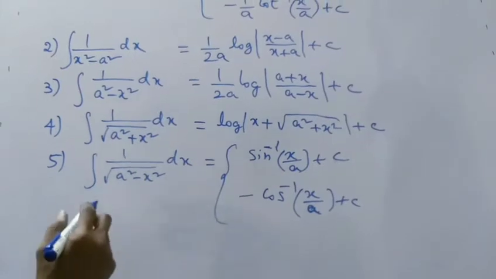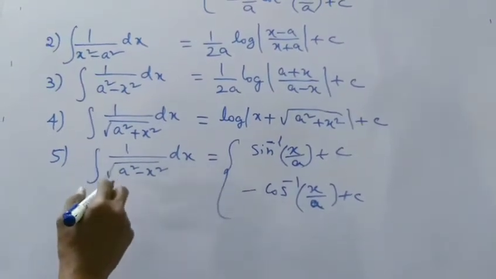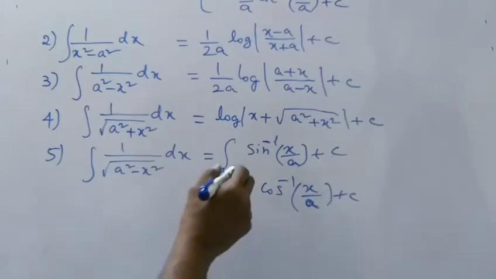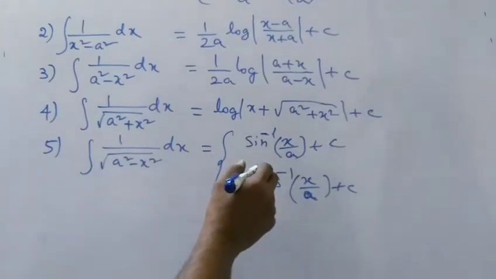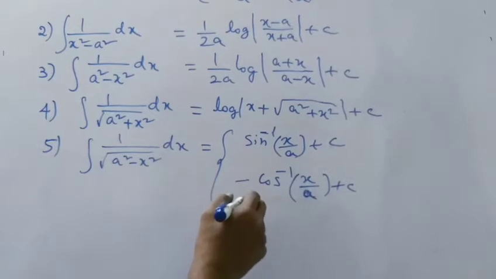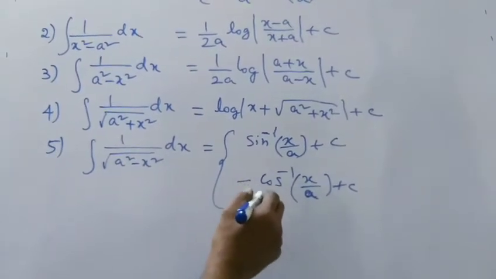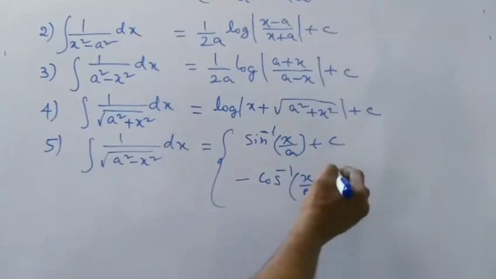So here, for this integral of 1 by square root of a square minus x square dx, it is equal to sin inverse of x by a plus c, or minus cos inverse of x by a plus c.